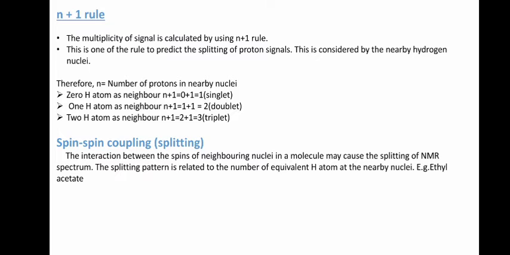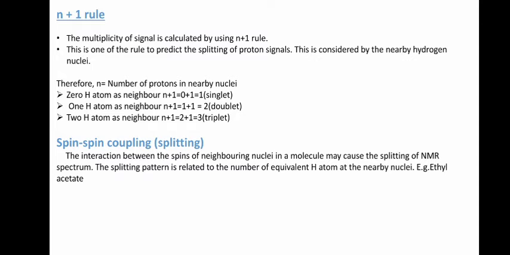Therefore, n is equal to the number of protons on nearby nuclei. 0 hydrogen atoms as neighbor: then n plus 1 equals 0 plus 1, which gives 1, that means singlet. 1 hydrogen atom as a neighbor: then n plus 1 equals 1 plus 1, which gives 2, that means doublet. 2 hydrogen atoms as neighbor means n plus 1 equals 2 plus 1, which gives 3, that means triplet, and so on.